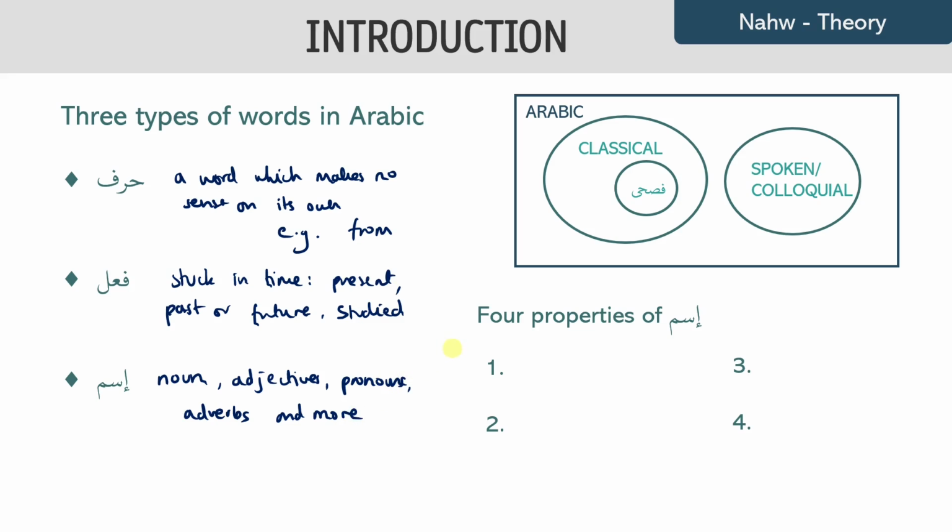Now we're gonna start off from the hardest one, which is ism. And every ism you're ever gonna come across in Arabic has four distinct properties. Number one is gender, which is jins. You have number, you have the type, and you have the status. And we're gonna look through status, which is the hardest one.